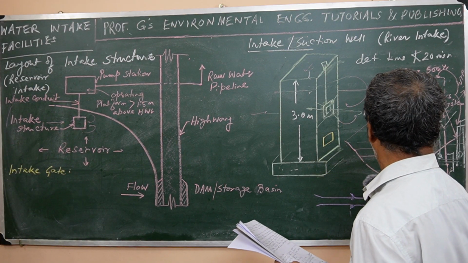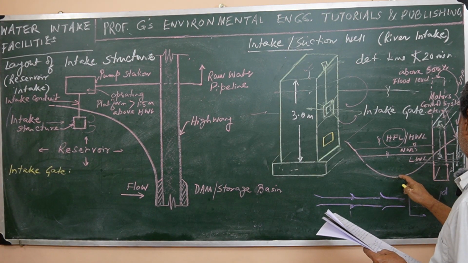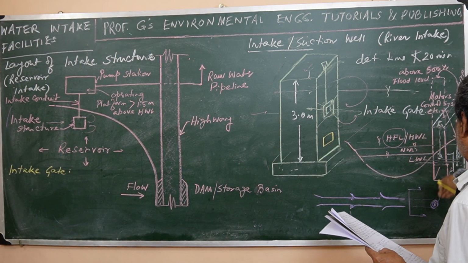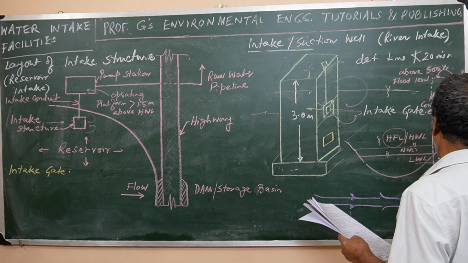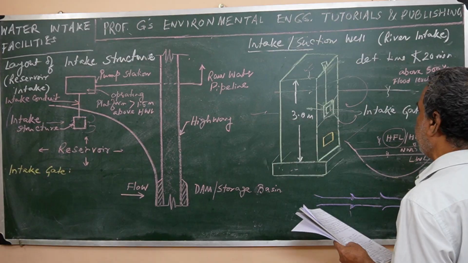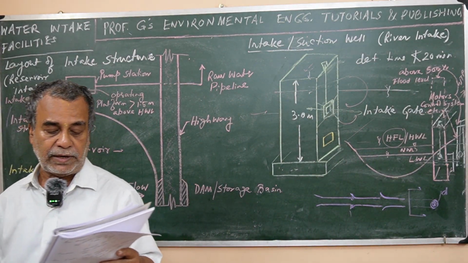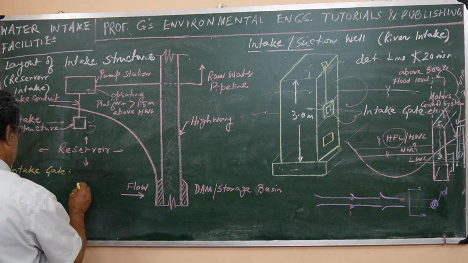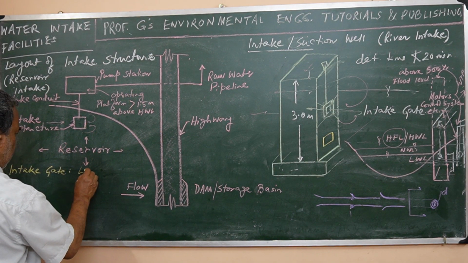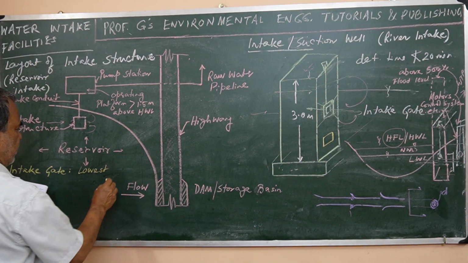Suppose this is the channel bottom. With respect to the channel bottom, the intake gate should be at least 0.3 to 0.6 meter above it. This would be the lowest. I am writing in short because the space is limited: lowest gate, 0.3 to 0.6 meter above channel bottom.